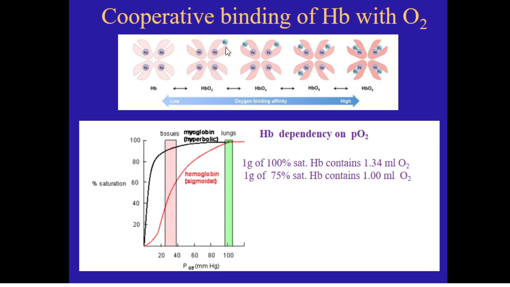After interaction of one molecule of oxygen with one subunit of hemoglobin, the affinity of the next subunit is significantly increased. This process continues after interaction with the second, then third, and finally 4 molecules of oxygen can interact with hemoglobin. To understand this cooperative effect, look please at the saturation curves of myoglobin and hemoglobin depending on the partial pressure of oxygen.